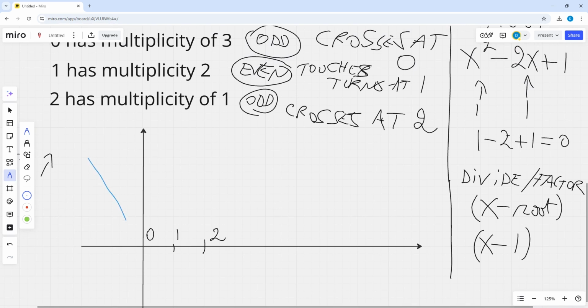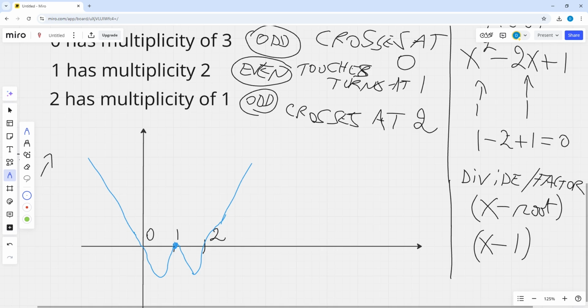So it starts and it finishes like this. It crosses at 0. It touches and turns at 1. Sorry, it touches and turns right there. And it crosses at 2, okay?